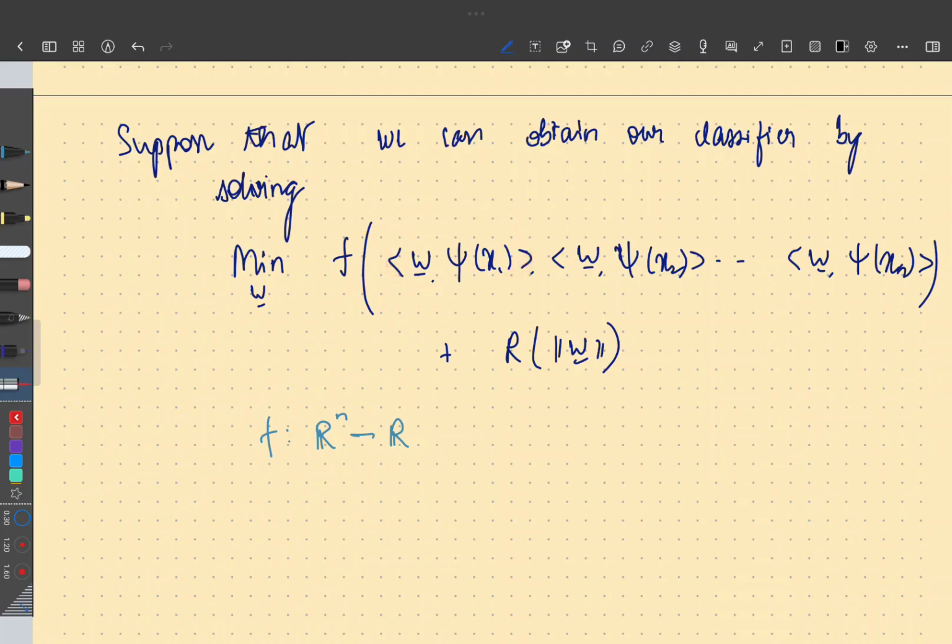So f is any arbitrary function that takes n real numbers as input and outputs some real number. I don't demand that f is convex or anything else. Just some function of n real numbers, but R is non-decreasing.